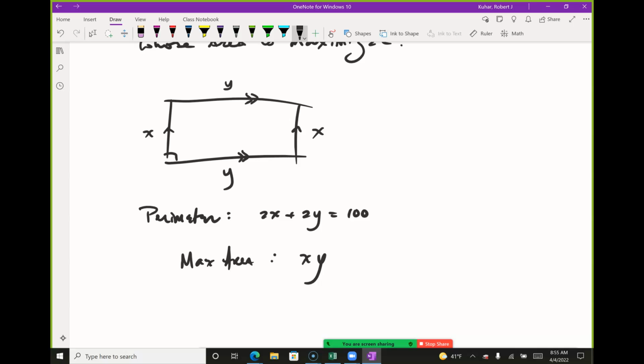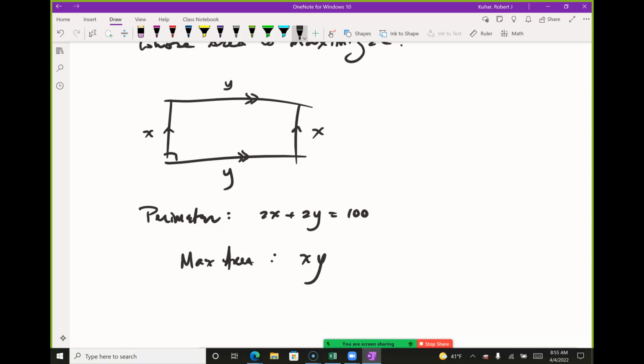I don't want to start talking about two variable functions. f of x, y is xy. I don't want to do that yet. That's for Calc 3, for those of you that are going to take it.